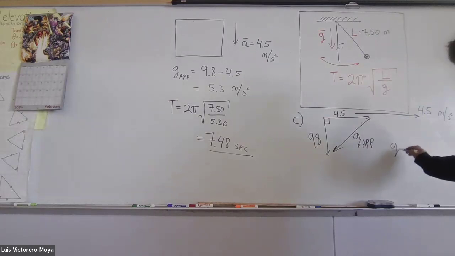So your g apparent is a square root of the sum of squares.